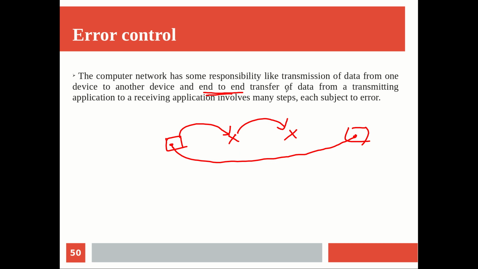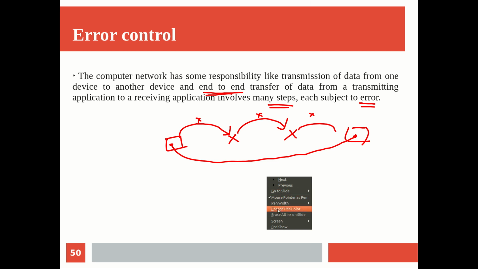End-to-end transfer of data from a transmitting application to a receiving application involves many steps, in the sense of subsequent single-hop transmissions, and on the way many things will happen, right? Each such individual step is subject to error. So error can happen at this point, or at this point, or at the next point. At any point there is a possibility of error.